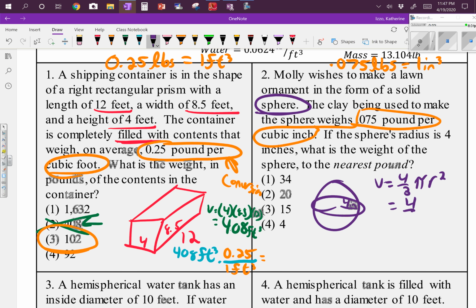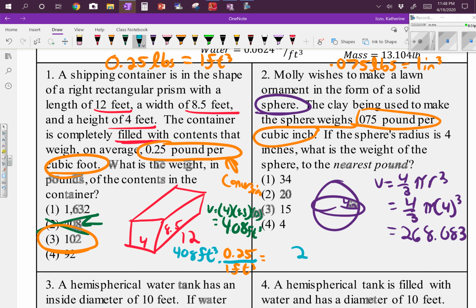So 4/3 pi 4, make sure that's cubed. All right, type that in, and we should get 268.083, which if you notice is not an option. They were nice to you. They made sure that you knew that that is not what we want.